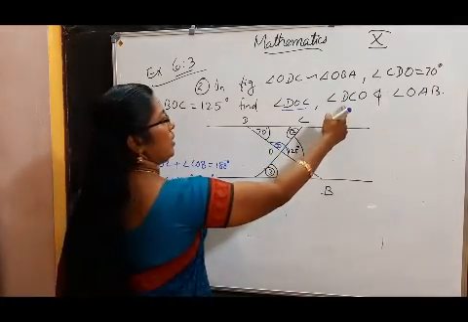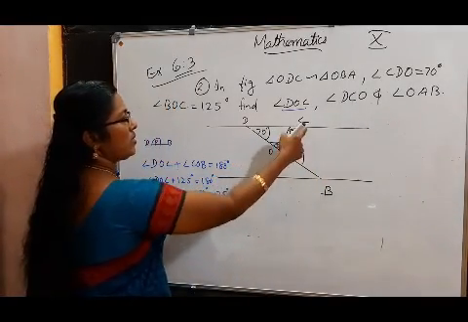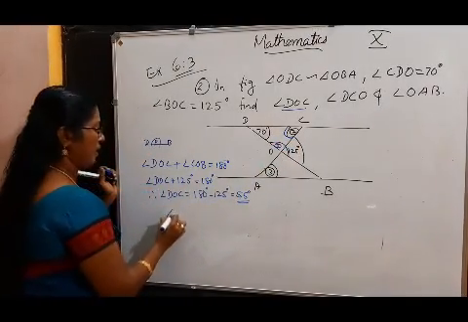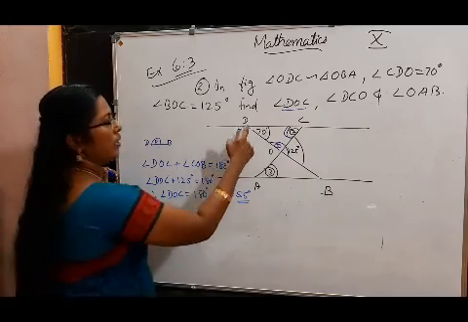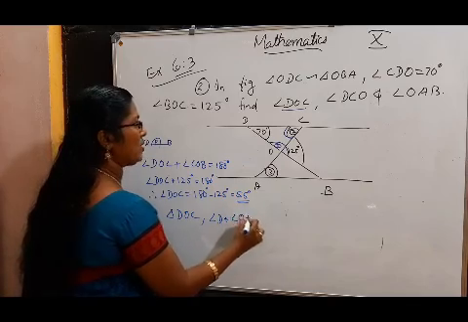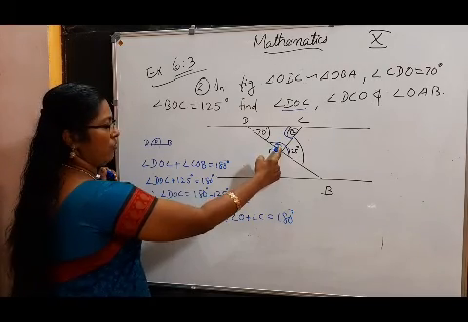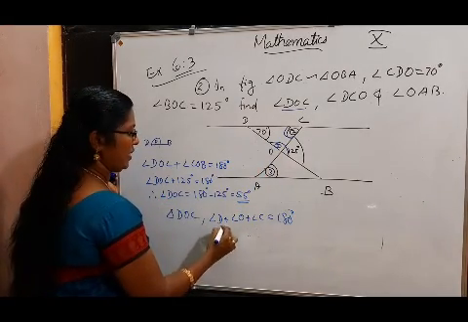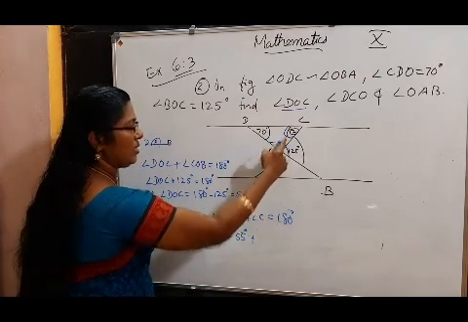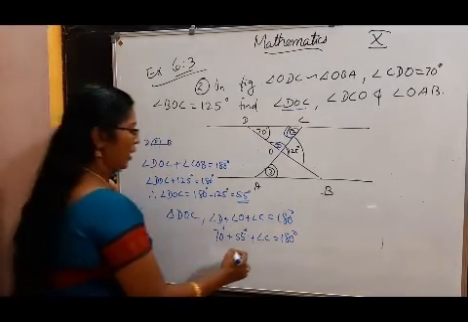Then what about DCO? This is angle 2. In triangle DOC, angle D plus angle O plus angle C equals 180 degrees. We found angle 1 as 55, this is 70 degrees plus 55 degrees plus angle 2, that is angle C, equals 180 degrees.